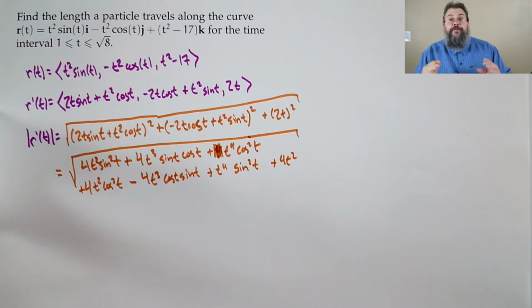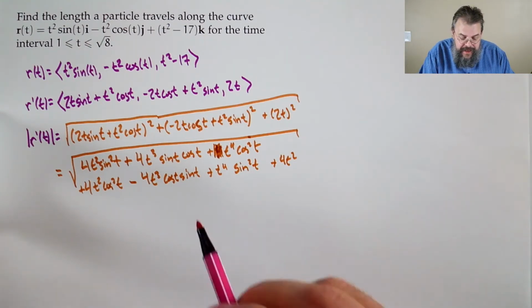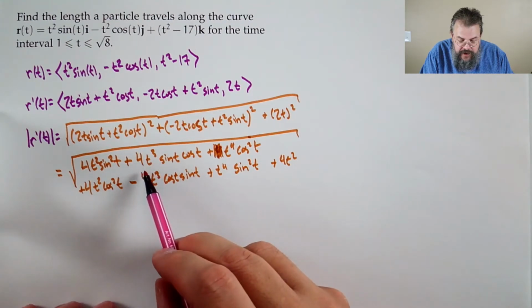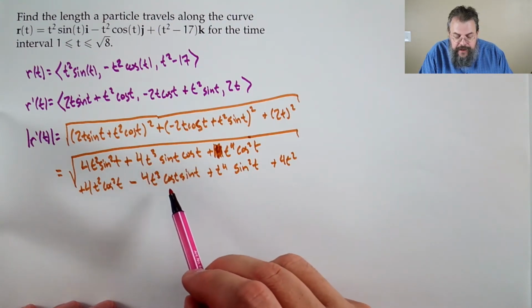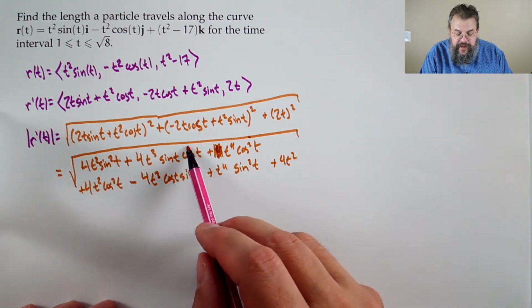Now, if we've lived a good, clean algebra life, some beautiful things should happen. I think we have, because I suspect some wonderful things are about to occur. I see these terms, the 4t cubed sine cosine and 4t cubed cosine sine. They're opposite, so they cancel.